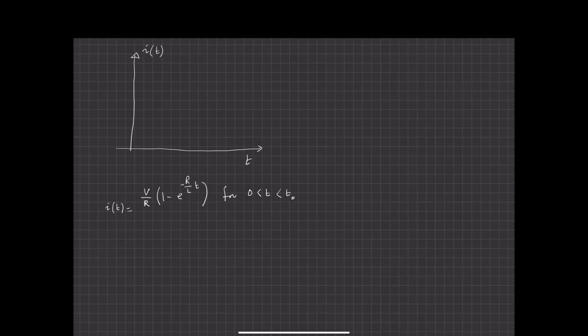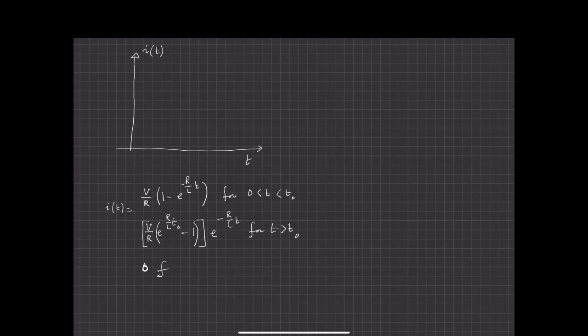Then it is equal to a constant, which happens to be v over r, times the quantity e to the power of plus r over L t naught minus 1, times e to the power of minus r over L t, for t greater than t naught.